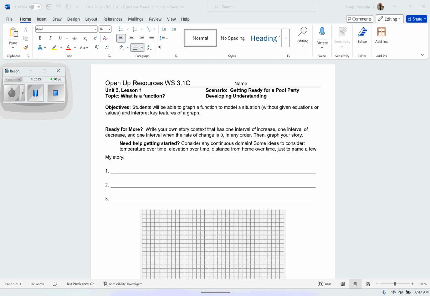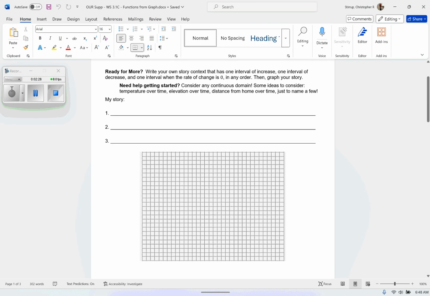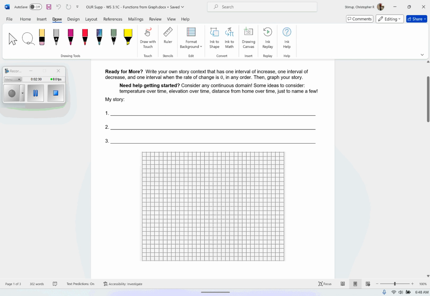With the packet I have handed out to you now, it says at the top 3.1c, we're going to create a story. But before we create this story, I would like to draw in a y-axis over here and an x-axis over here. Okay?